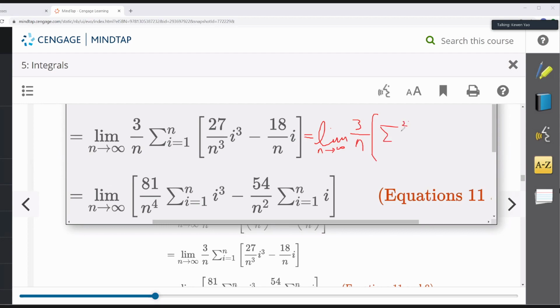27 n cubed over n cubed, times i cubed, minus sigma of 18 over n times i, where the sigma is i from 1 to n.